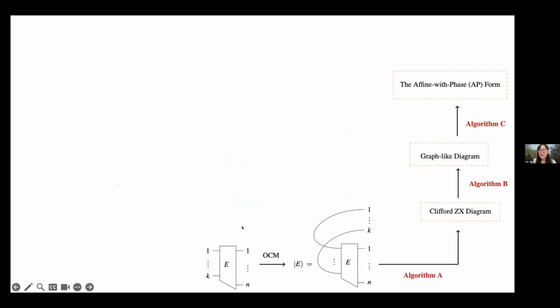So this slide is going to describe the sub-steps to get there. Starting with an arbitrary Clifford isometry, all Clifford encoders of any stabilizer codes will be some Clifford isometry.